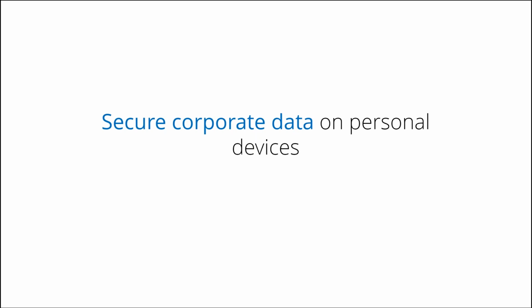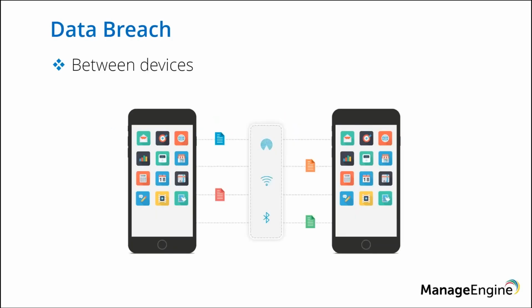Once that is done, we can then go ahead and look into another important topic, which is to secure the corporate data on your mobile devices. Securing corporate data on the mobile devices is very important because corporate data can be shared in multiple ways, and we would term them as data breaches.